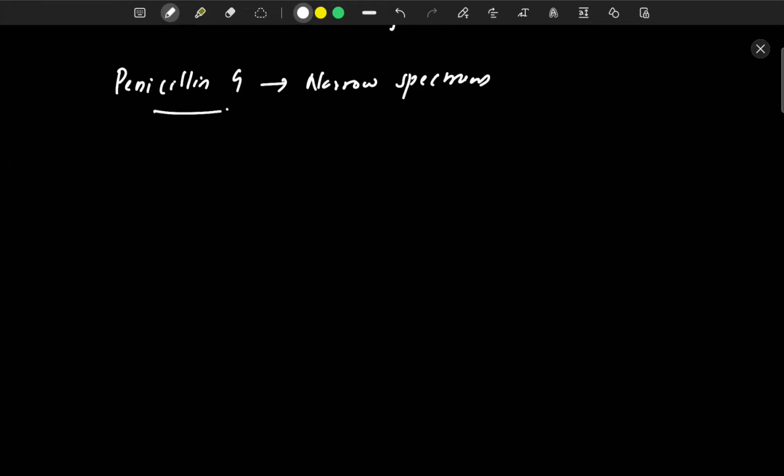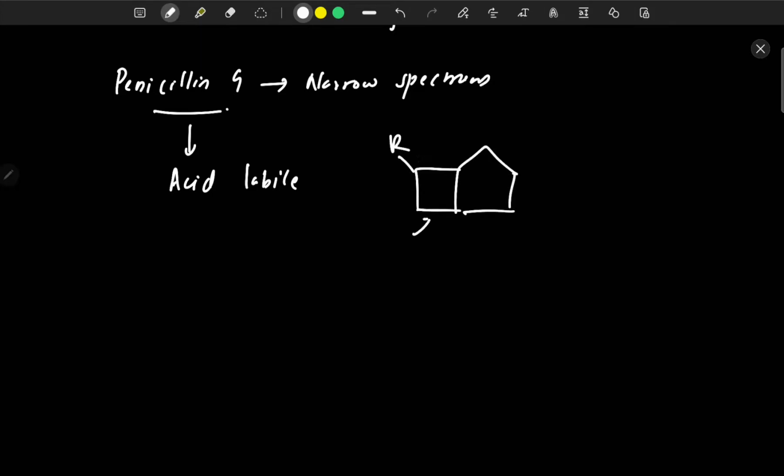Penicillin G has poor oral absorption because it is acid labile. The beta lactam ring gets degraded in the acidic stomach.